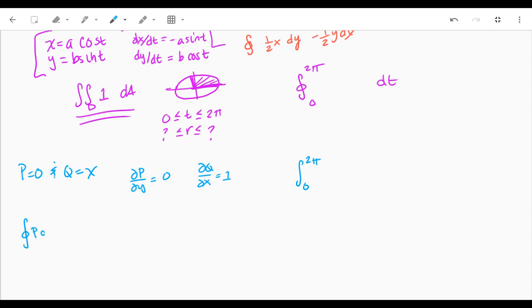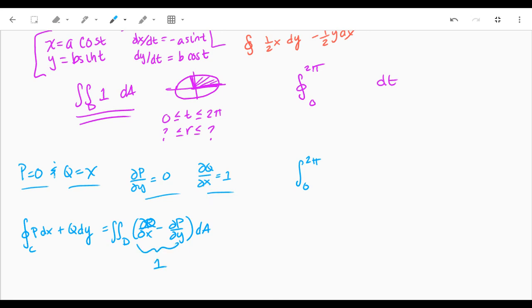Remember, the integral over C of P dx plus Q dy is the same as the double integral of dQ/dx minus dP/dy dA. Okay, so remember, this is what we showed, that these choices for P and Q are going to work, because then that would give us the 1 that we want when we're finding the area.